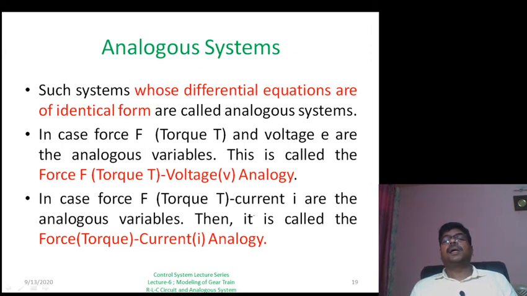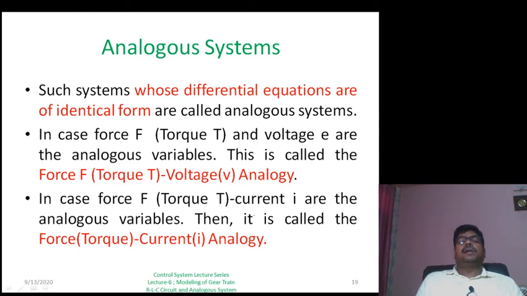So a mechanical system, rotational as well as translational, can be written in its analogous electrical system. So there is the force torque voltage analogy, and another one is the force torque current analogy.